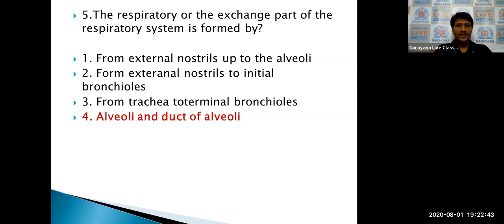They are the vascular parts, and they are involved in the exchange of gases. The other remaining parts are involved in the conducting process, like transportation of the gases.